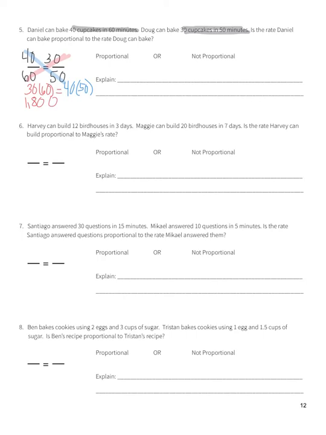And 40 times 50 is equal to 2,000. Are these the same? No, 1,800 and 2,000 are different numbers, so we would say that these are not proportional. And why is that? Because the cross products are not equal.